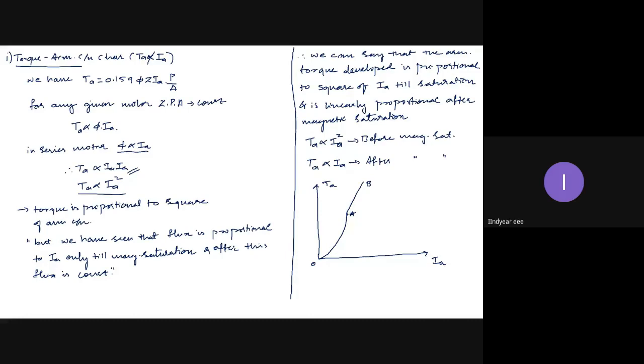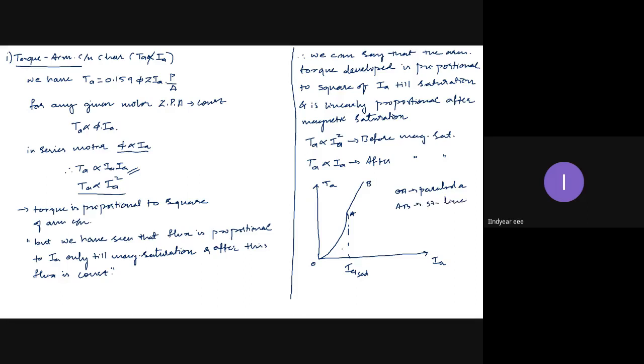This you can say Ia sat. This is for field, not for armature. So OA is a parabola and AB is a straight line.